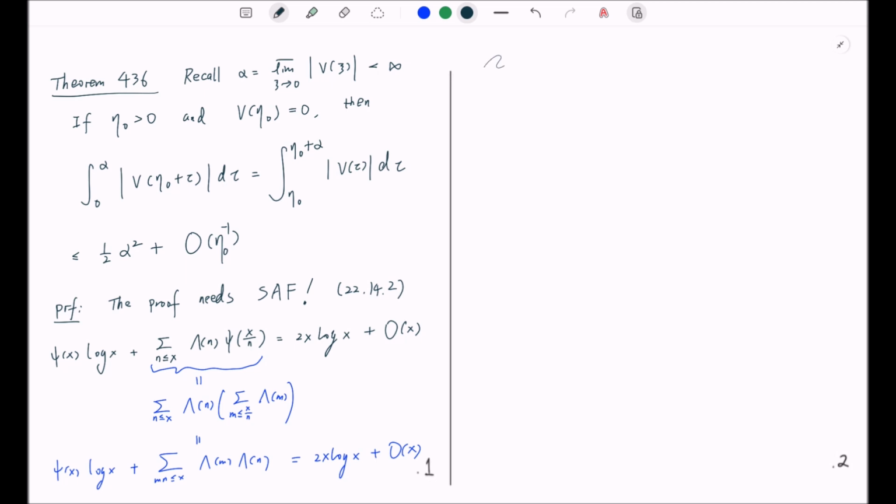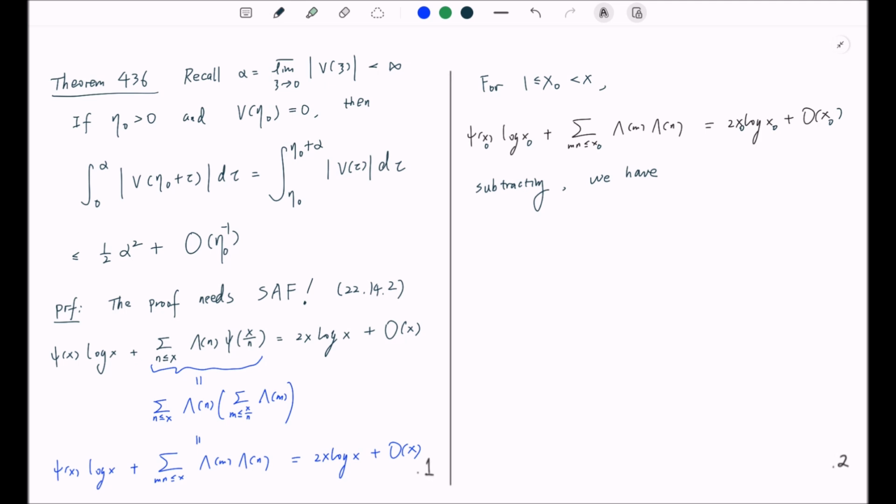Now, for x naught bigger or equal to 1 less than x, we substitute this x by x naught, and we subtract both sides of this equation by both sides of this equation, with x naught replacing x.